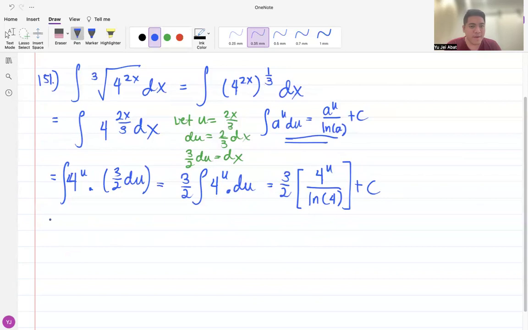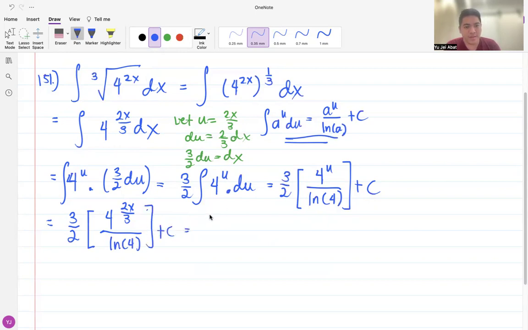So substituting back the value of u, we have 3 halves times 4 raised to our u, which is 2x all over 3, all over ln of 4 plus c.